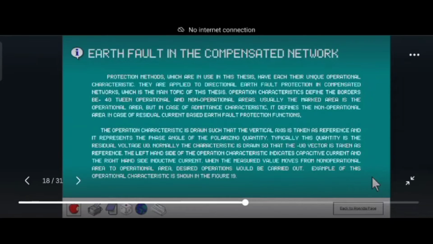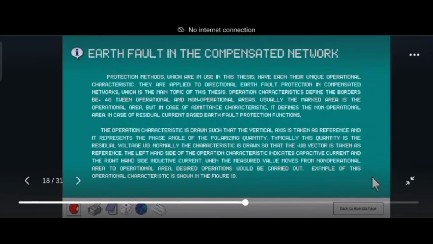In case of a residual current-based earth fault protection function, the operation characteristic is drawn such that the vertical axis is taken as reference and it represents the phase angle of the polarizing quantity. Typically, the quantity is the residual voltage U0. Normally, the characteristic is drawn so that the U0 vector is taken as reference.